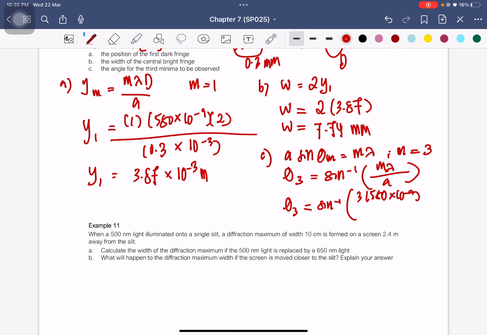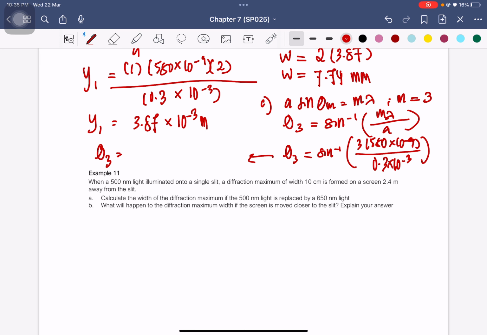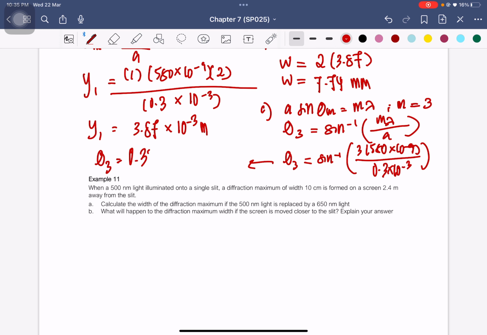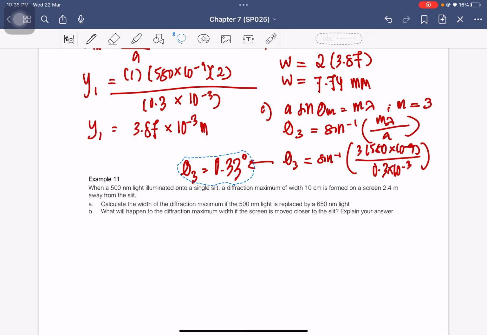So you will get the angle to be equal to 0.33 degree. That is the angle for the third minima.